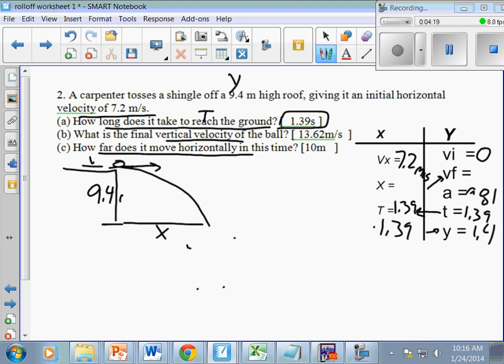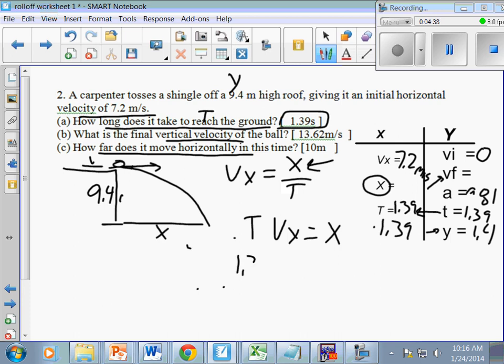Well, that's over here on the x side, and since we have Vx equals x over t, this is what we want to solve for, the x, so we rearrange it to t times Vx equals x, and so that is 1.39 times 7.2, which equals 10.